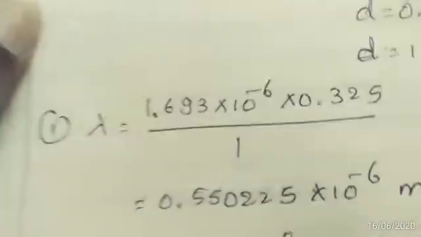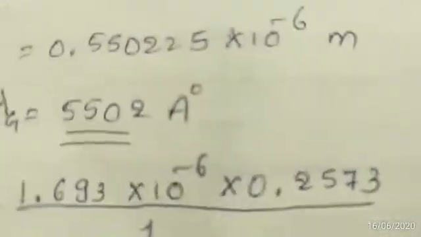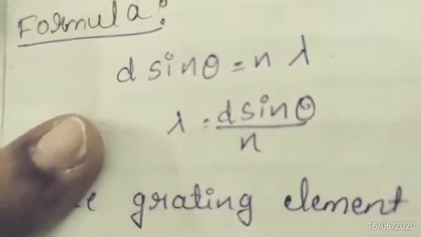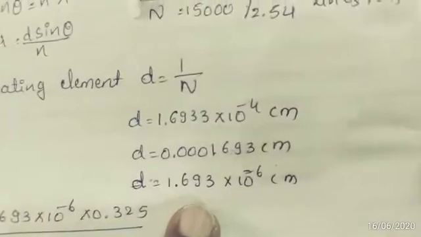Finally, calculate the wavelength of green line using the formula d sin theta is equal to n lambda, or lambda is equal to d sin theta divided by n. Here d value is 1.693 into 10 raised to minus 6 meter.